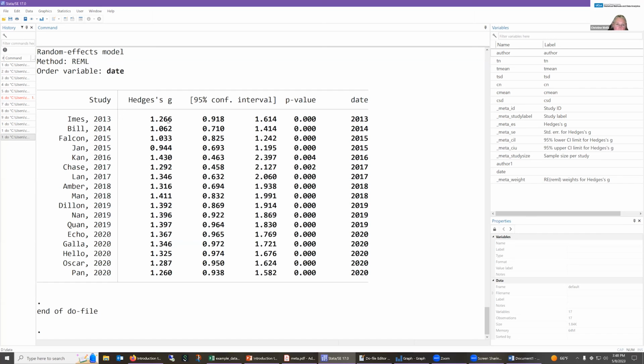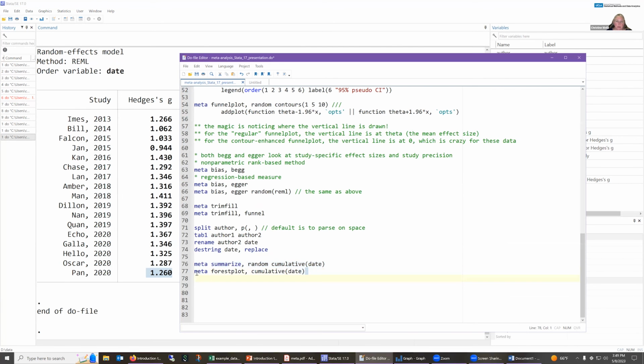This is the effect size for study 1 and study 2 together, study 1, 2, and 3 together, studies 1, 2, 3, 4. And then this number, of course, looks familiar to us because now all the studies have been used by the time we got here. Now, because my effect sizes are so similar to one another, you don't see a really huge difference there. Let's go ahead and run that.